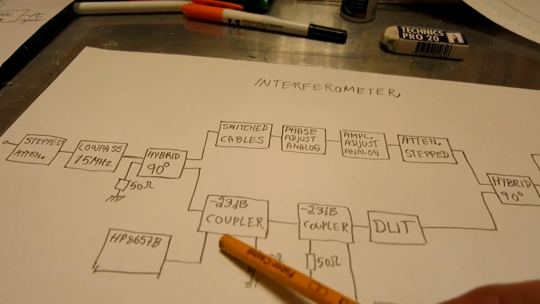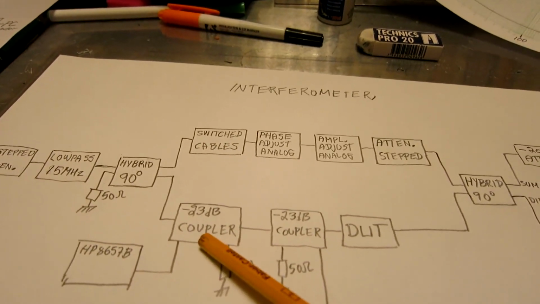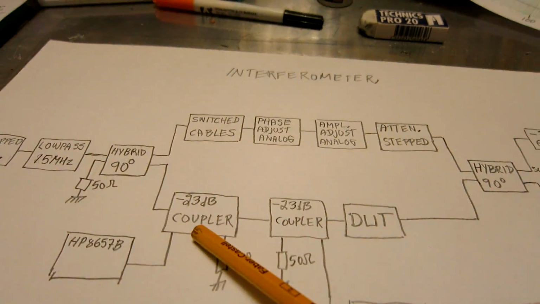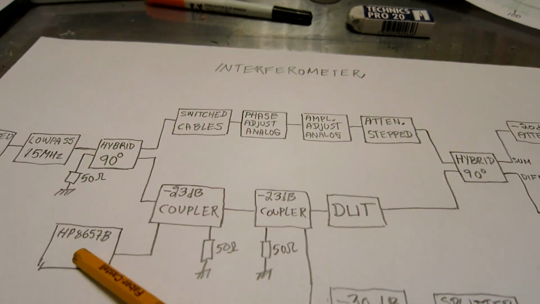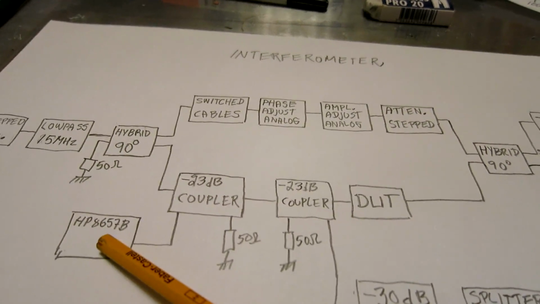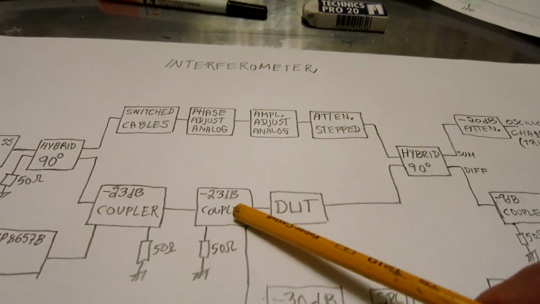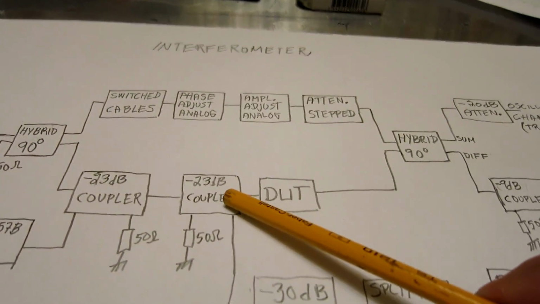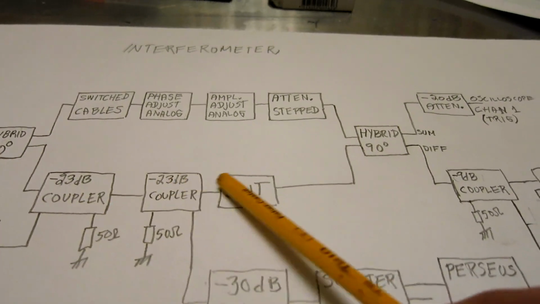The other leg has a coupler, an iron-free coupler that couples at minus 23 dB on 10 MHz. It allows me to send a signal from a signal generator into this leg. And then there's the second identical coupler by which I can take out the signals coming through here.